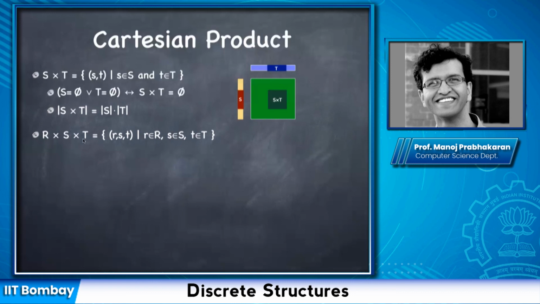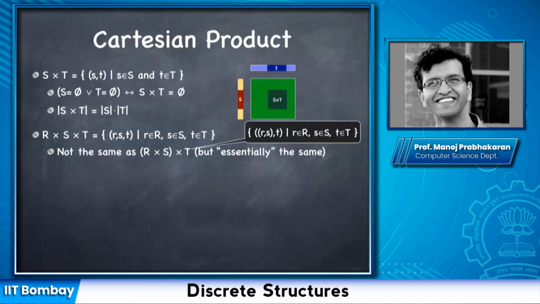So R cross S cross T consists of triples of the form (r, s, t), where the first element comes from R, second from S, and the third from T. It's not quite the same as (R cross S) cross T, because R cross S already consists of pairs of the form (r, s), and (R cross S) cross T consists of pairs where the first element is a pair (r, s) and the second element is an element t from the set T. So this pair, in which one of the elements is a pair, is not quite the same as this triple.